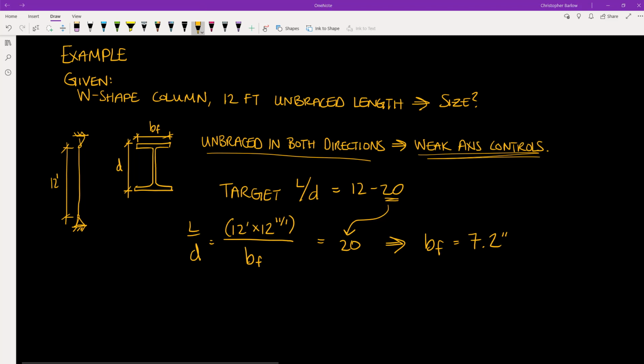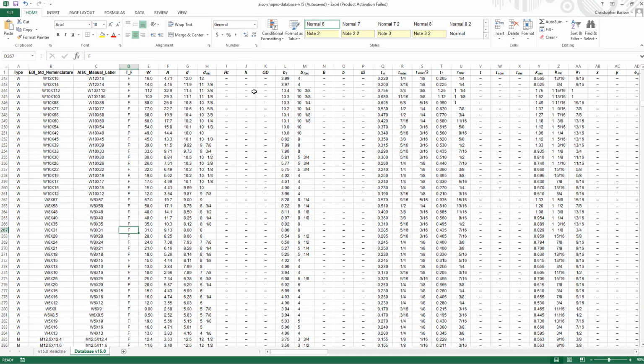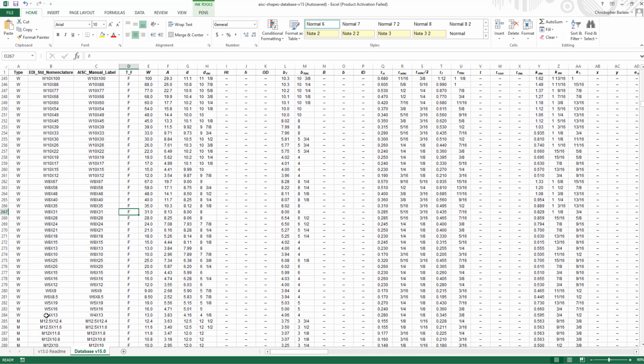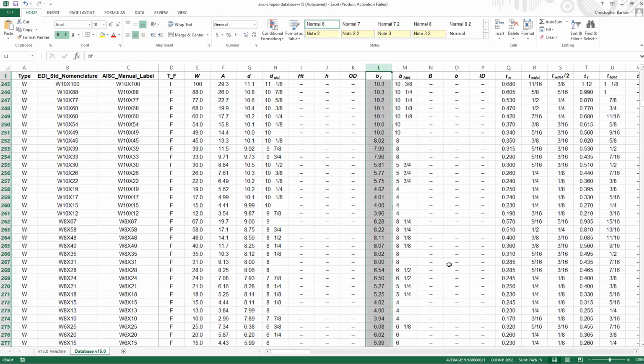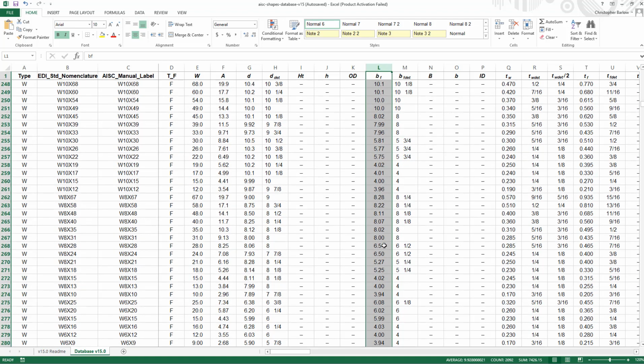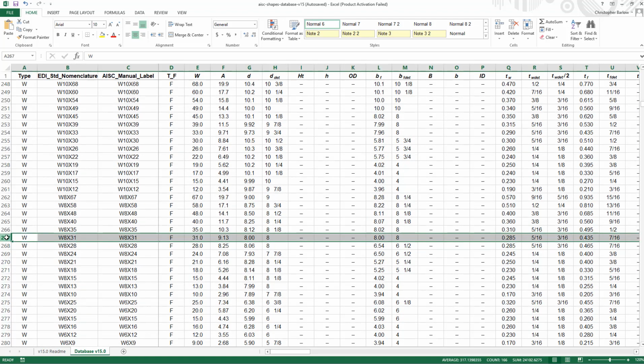And so now all we need to do is look in our shape database for a column that has a flange width greater than or equal to 7.2 inches. And if we start at the bottom here for our wide flange sections, and then find the flange width column, which is here, we see that the first section to surpass 7.2 inches is this W8 by 31.